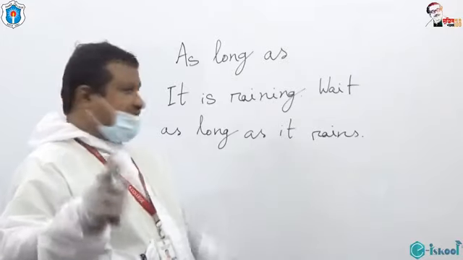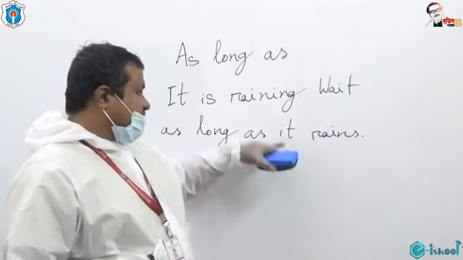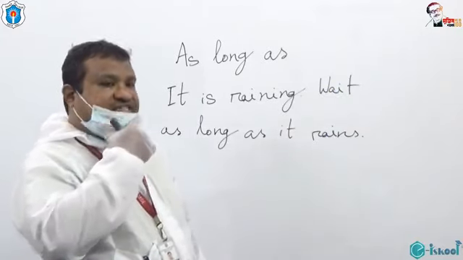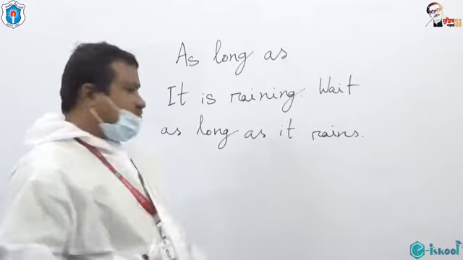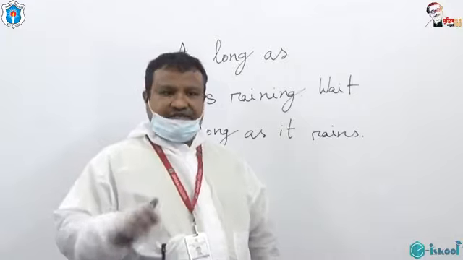When it is past tense, of course we will use past tense after it. But when it is present tense, of course we will use present tense after as long as. So the unity of tense should be kept in mind.